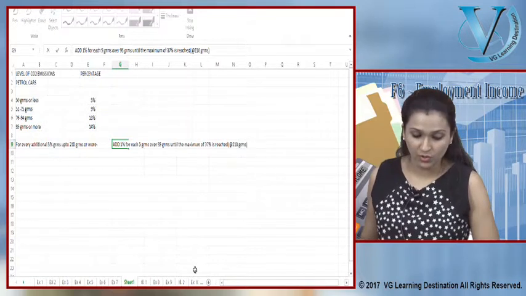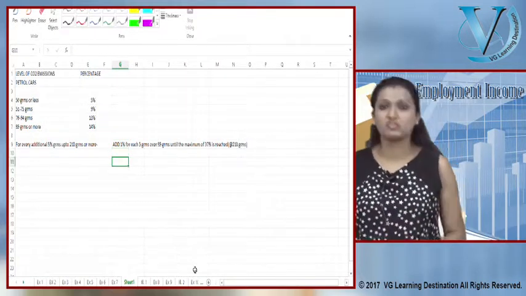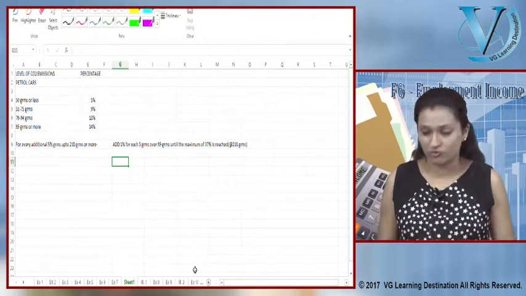Now these are the rules for your car, which is a petrol car.